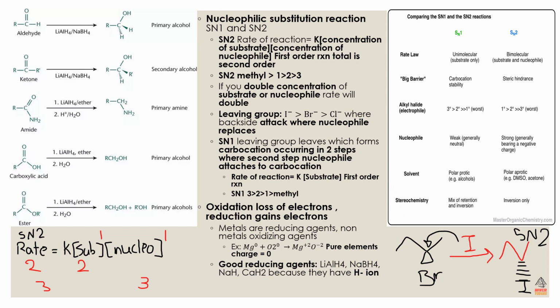And what does that mean? So the SN2 reaction prefers to have a CH3 over having alkyl groups.